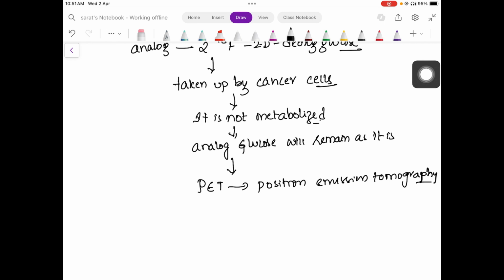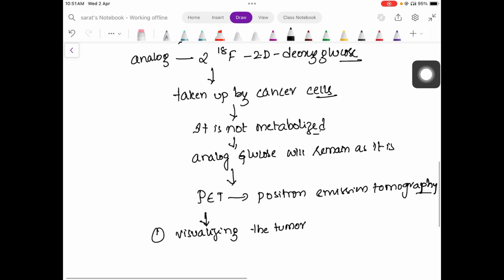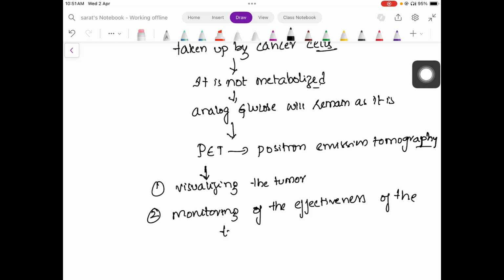And this PET scan with the 2-F18-2-deoxyglucose will help in visualizing the tumor, and it helps in monitoring the effectiveness of the treatment.